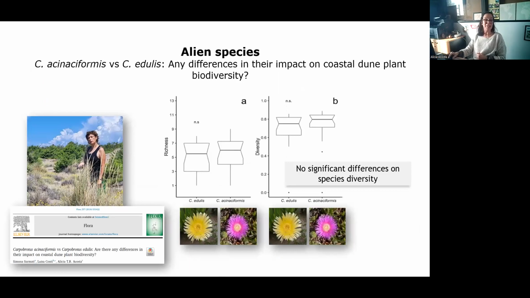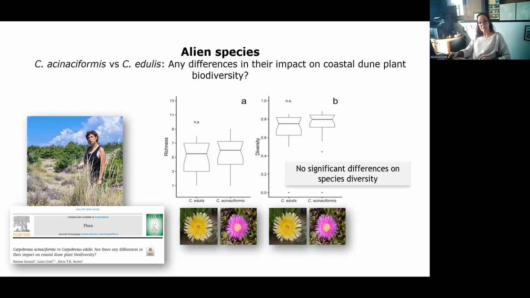And still insisting with Carpobrotus, Simona Sarmati and colleagues investigated if there were differences in the impact of these 2 species, edulis and acinaciformis, on native plant diversity. In this case, vegetation sampling was carried out through paired plots, and then we compared invaded and non-invaded ones.